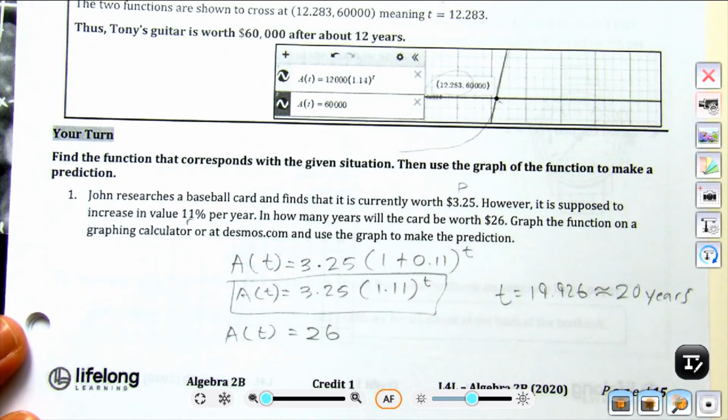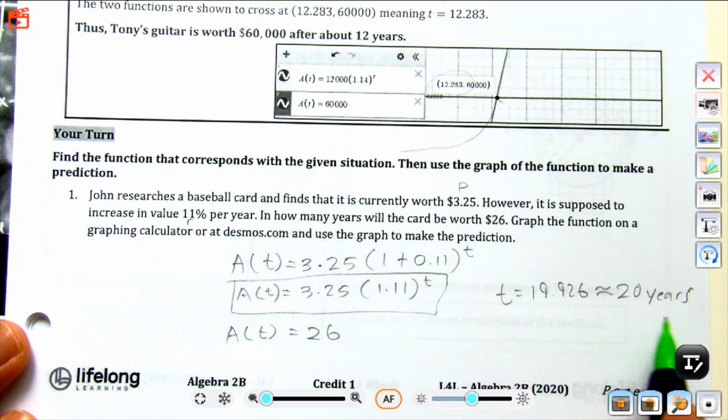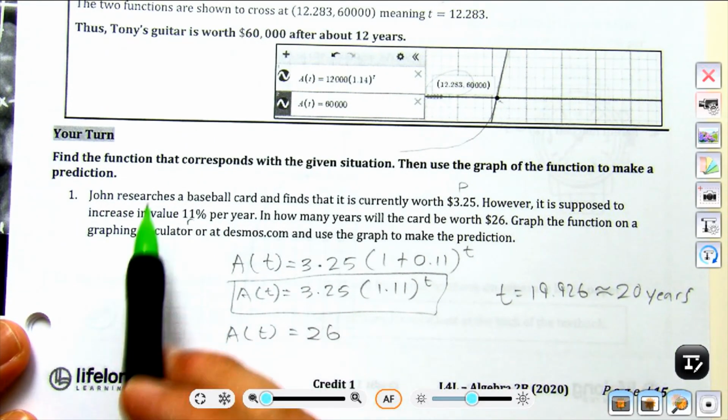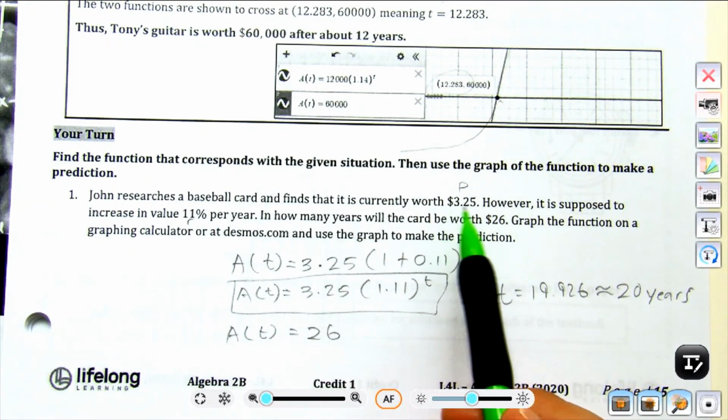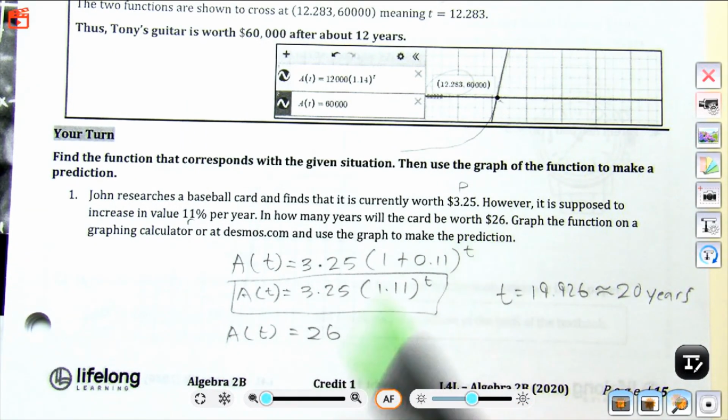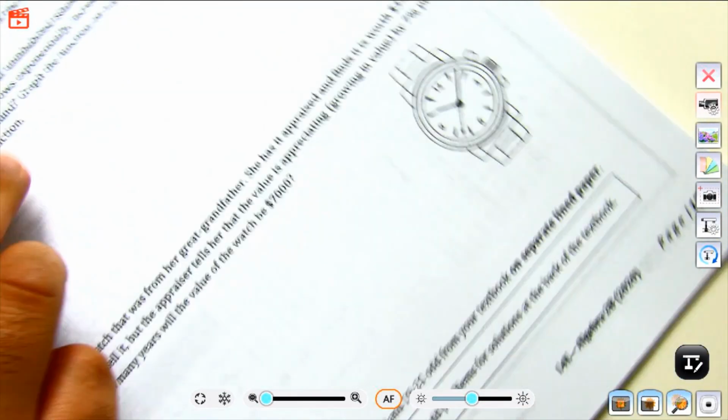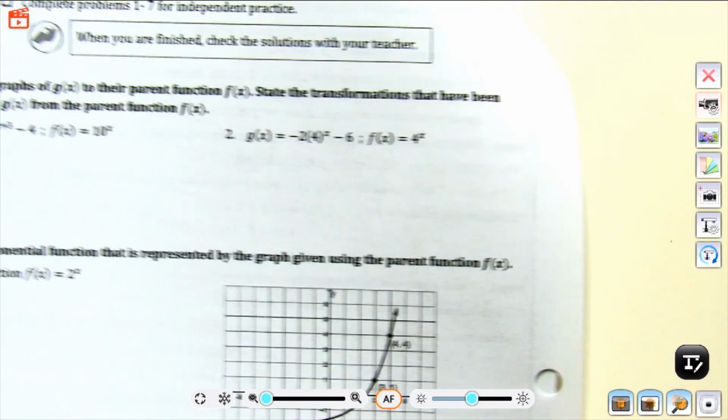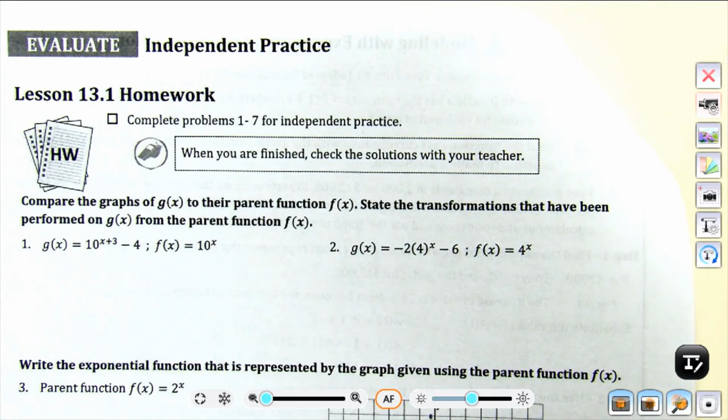Okay, and that answers our question. It will take 20 years for a baseball card that originally is worth $3.25 to be worth $26. So that completes lesson 13.1.